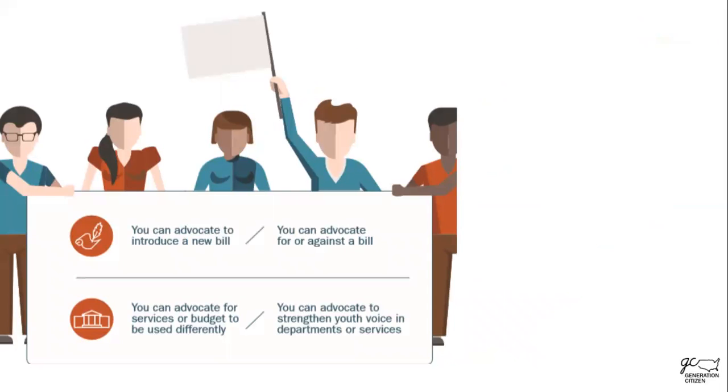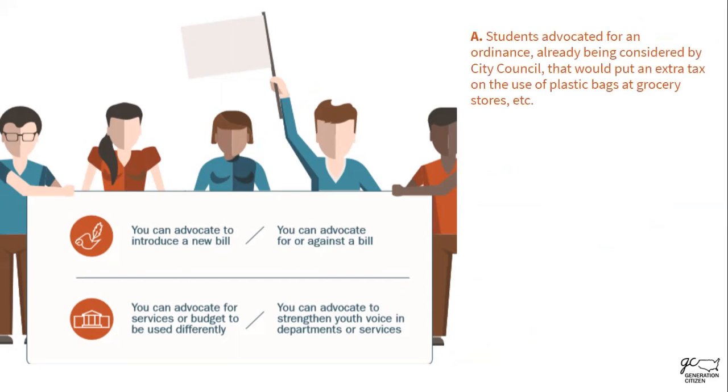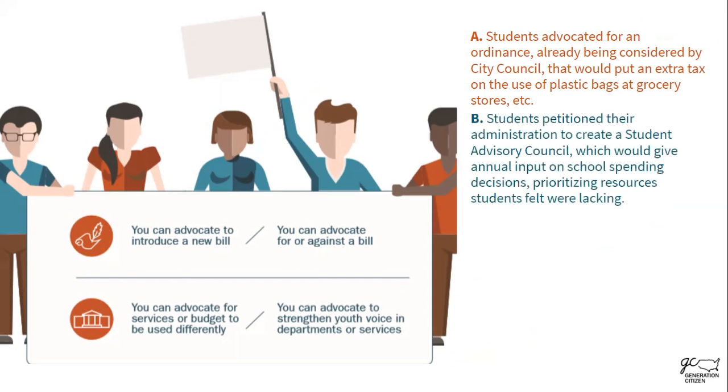So there's really 4 different ways that we look at policy goals that students or a class can work on. So you'll see the first one here, students advocating for an ordinance that the city council is already considering. You have students petition their administration to create a student advisory council.